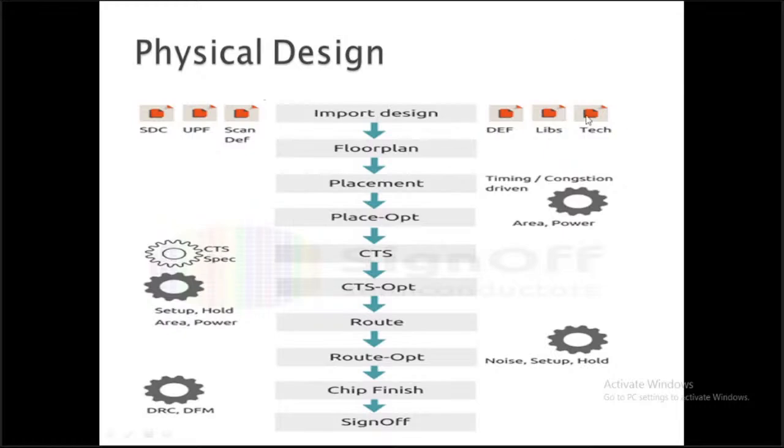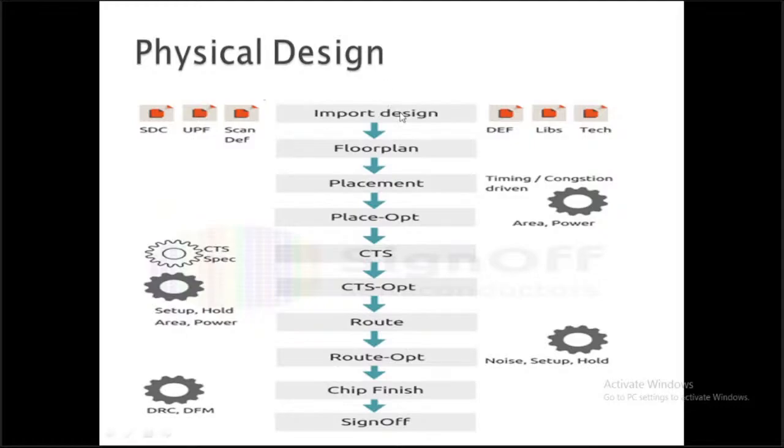And we have the technology file, where we get information about the PDK. PDK basically tells how our chip is going to be fabricated: the metal layers, their thicknesses, the poly layer, and their widths. Based on the different kinds of metal stack, we define the technology file.